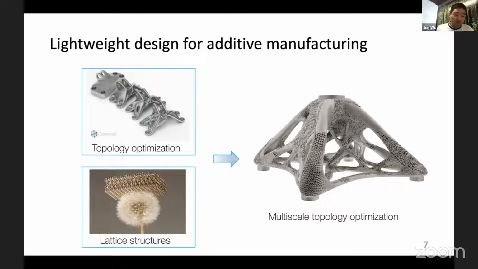You may also notice the additive manufacturing industry also produces a lot of lattice structures because inherently it is lightweight because of its porous geometry. The motivation to create multiscale structures from an additive manufacturing perspective is to combine the benefits of organic geometry from topology optimization and the low density from lattice structures, as shown on the right-hand side.